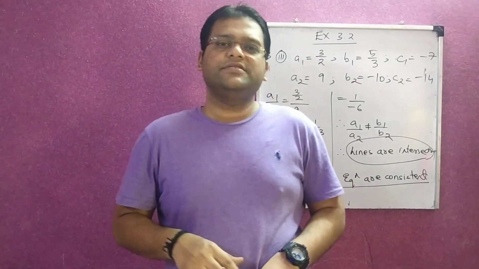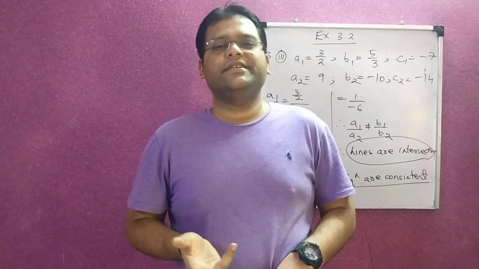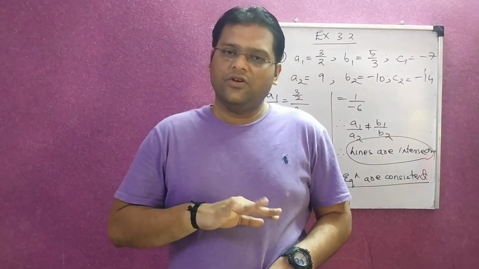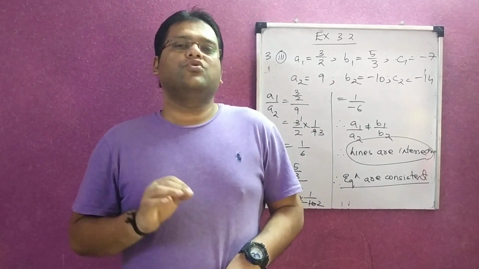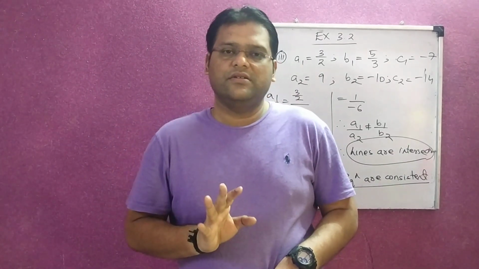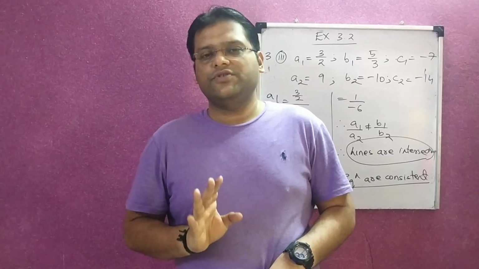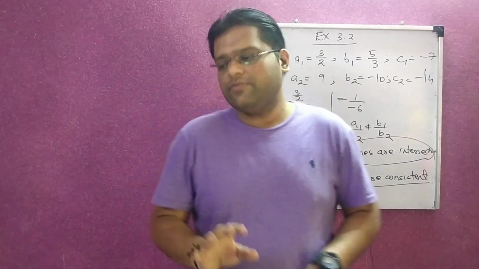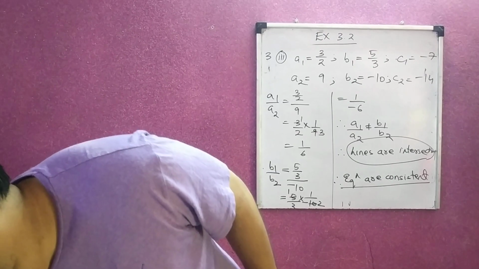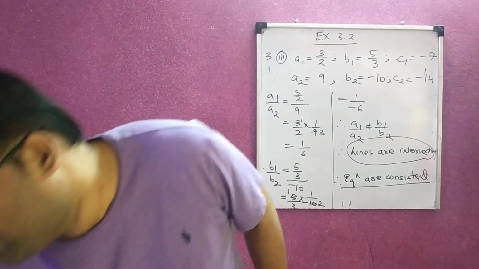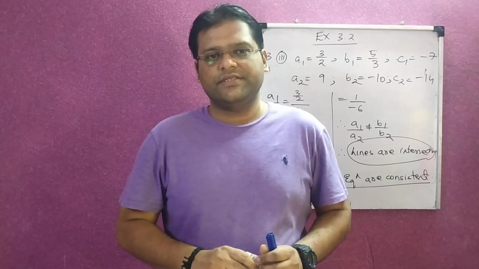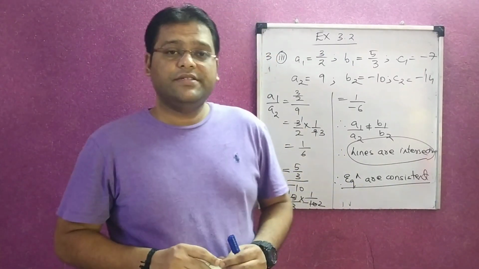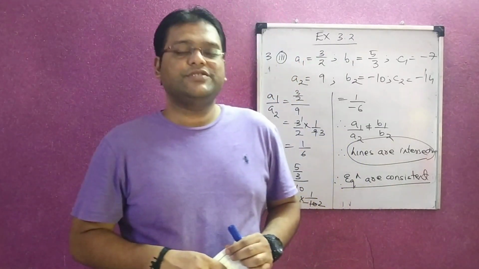Then if they are consistent, that means if the lines are intersecting or if they are coincident, then what you have to do is obtain the solution graphically. Right? So once you are done with that, then we shall proceed to question number 5 and question number 6. Please complete this much, then we can move on to question number 5.